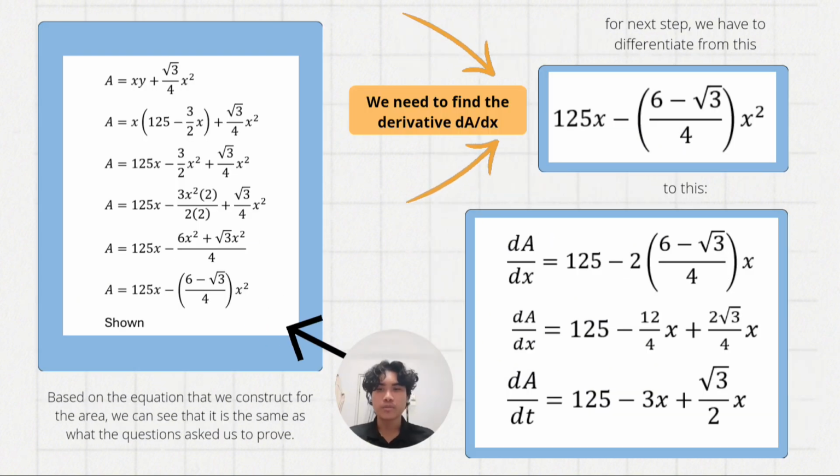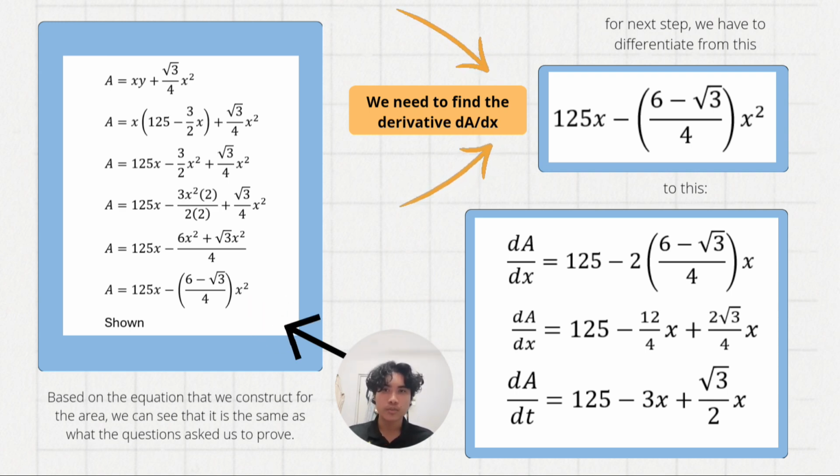Then we need to find the area of the mirror. So we have A equals xy plus square root of 3 over 4 x squared. After that, we substitute the y that we got into the equation. So we have A equals x times (125 minus 3 over 2 x) plus square root of 3 over 4 x squared.